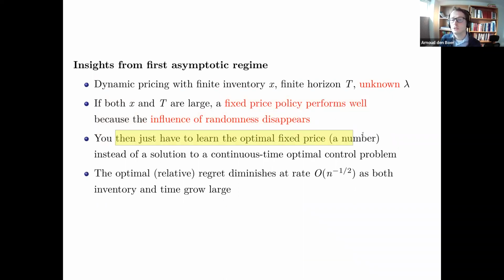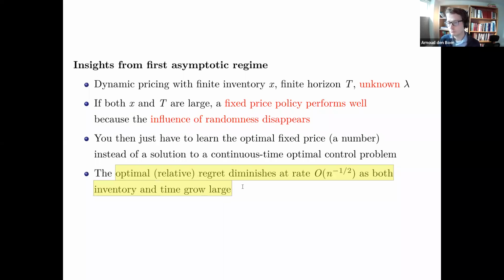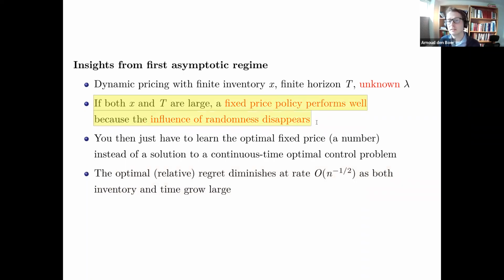Then it's easy. You just have to learn the optimal fixed price, which is a number instead of a high-dimensional object. Because it's easy, we can analyze it and the optimal regret rate can be determined. So what can you remember from this? The key trick is that we study a particular case where the fixed price policy is a reasonable benchmark.